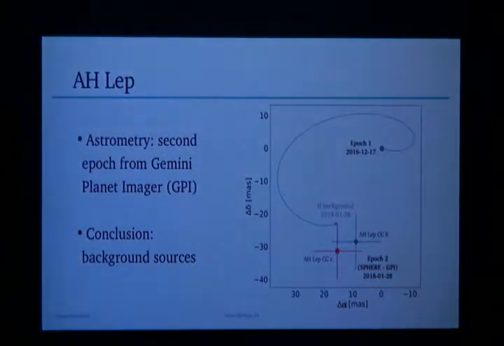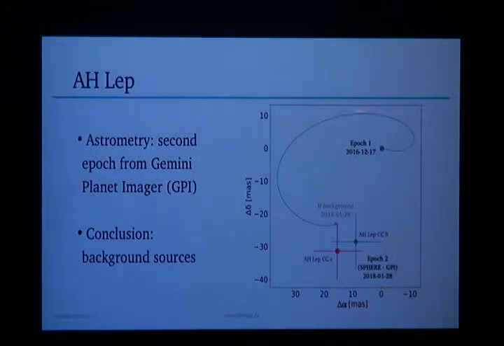And for this, you need at least a second epoch. In this case, we took one from the Gemini Planet Imager, and we constructed this so-called corkscrew plot by taking the first epoch as the reference one. So here are the 2 candidate companions for HLEP.